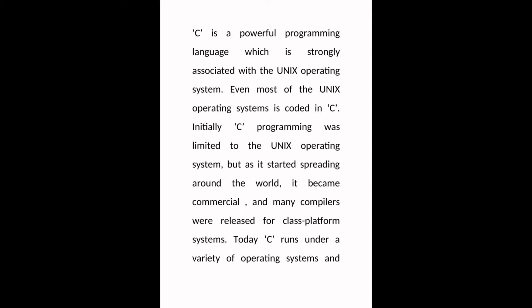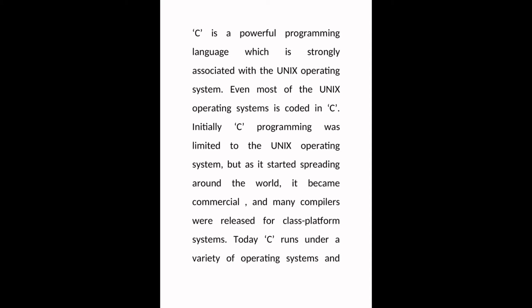Now C is very popular for making other programming languages. It means the C programming language was used to develop other programming languages. Many C language concepts were used in Java, Python and many other programming languages. Today C is a very commercial platform.